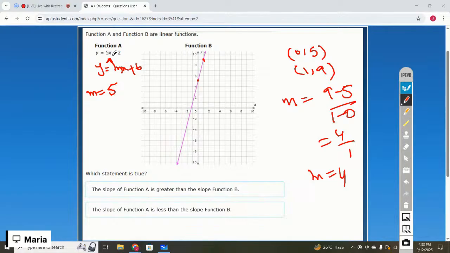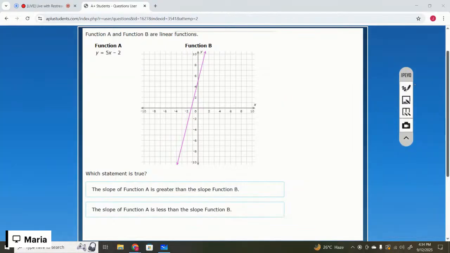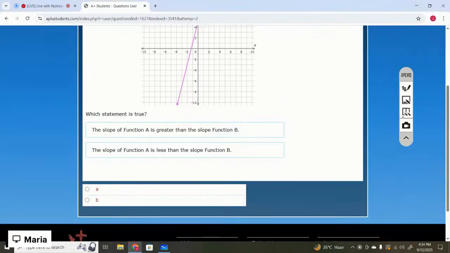Because 5 is greater than 4. Option A is the correct option.